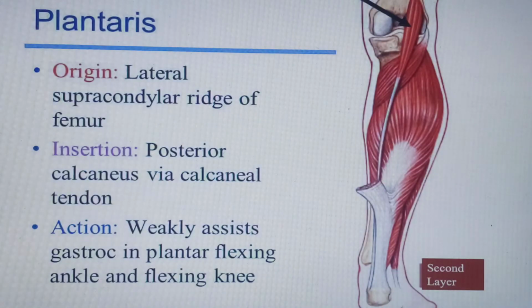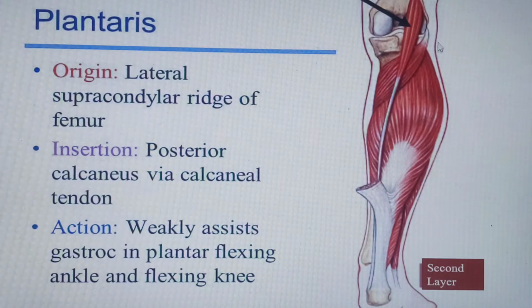Now when I cut and reflect this muscle, I'm going to see the rest of this region. There is a very small muscle, which we call the plantaris muscle. The reason we call it plantaris is that in most mammals its insertion is into the plantar aponeurosis.